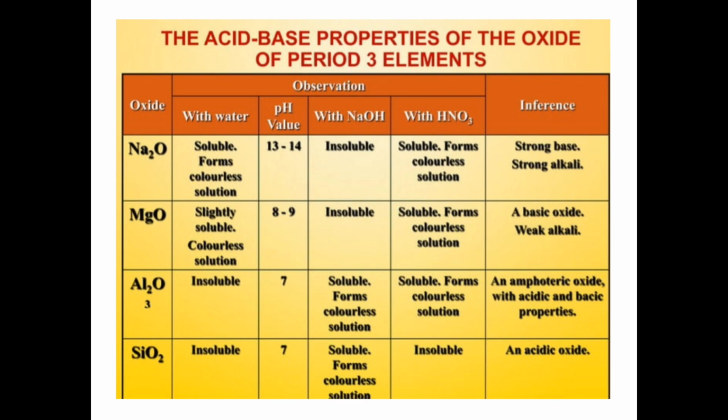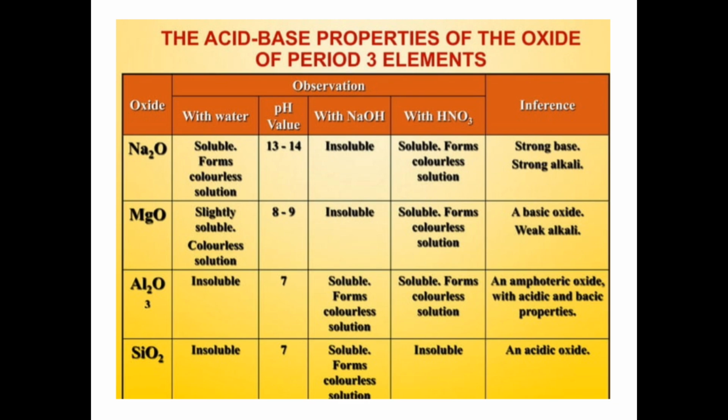Okay, so let's look at the properties of the oxides that these elements in period 3 form. If you look at sodium oxide, when it reacts with water, it forms a soluble solution which is colorless, and the pH value is around 13 to 14, which makes it basic.